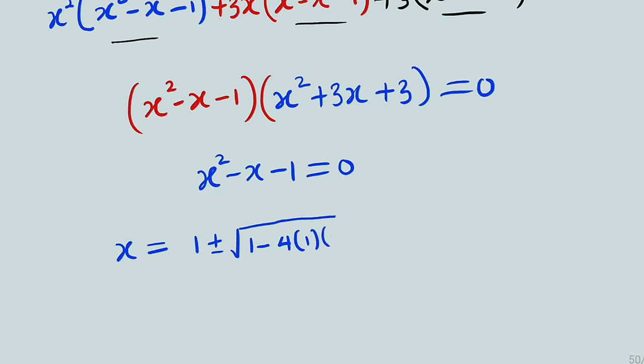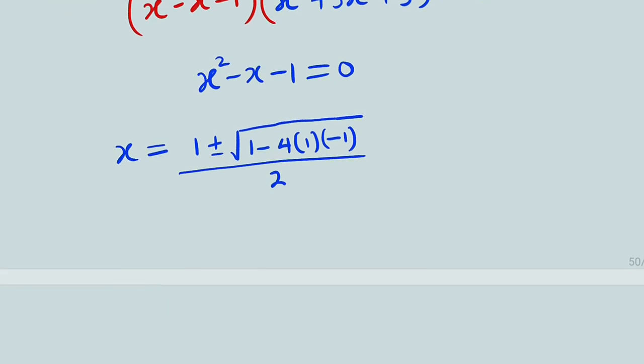Then multiply by c, which is negative 1. Divide by 2a, which is 2 multiplied by the leading coefficient. So we have just 2 here. This is equal to 1 plus or minus the square root of 4 times 1 is 4, times negative 1 is negative 4. Then we have 1 plus 4 is 5.